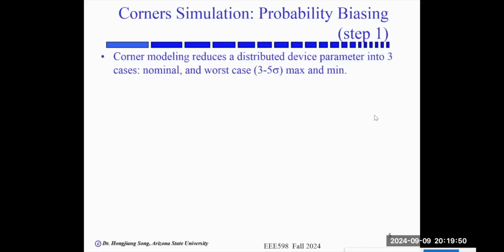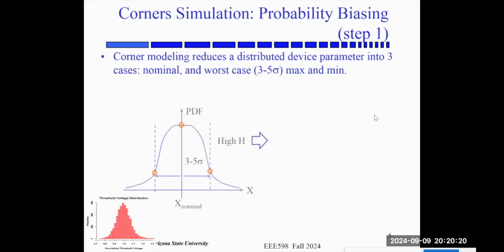In the corner simulation, there are actually 2 levels of training to reduce entropy. The first level we call probability biasing. In this case, even though the device parameters vary continuously and are distributed in value, in order to simplify, we lump this into basically 3 cases, like I'm showing here.